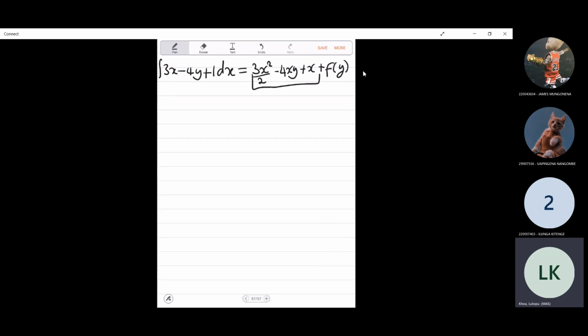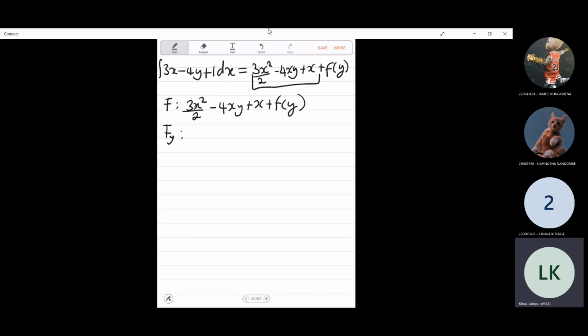The only thing that I'm missing is this f of y. So we will say our f is represented by 3x squared over 2 minus 4xy plus x plus f of y. Then now I differentiate it with respect to y.